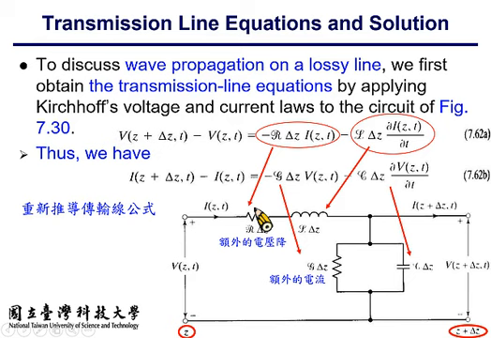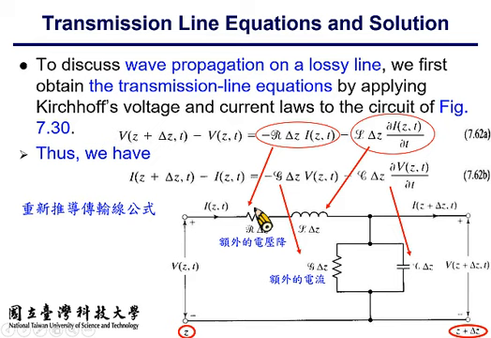And the second term is the voltage drop due to the inductor. So it's minus L times delta Z times the time derivative of the current, that is del I over del t. Alright? So in the first equation, we adopt the voltage drop due to the series resistance. So that's the first transmission line equation.